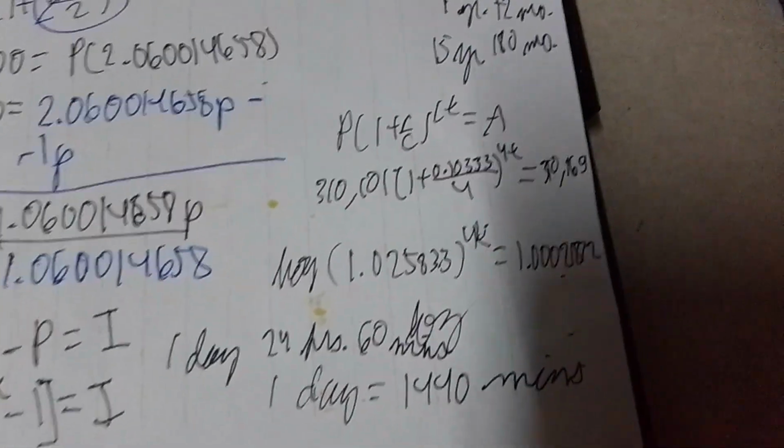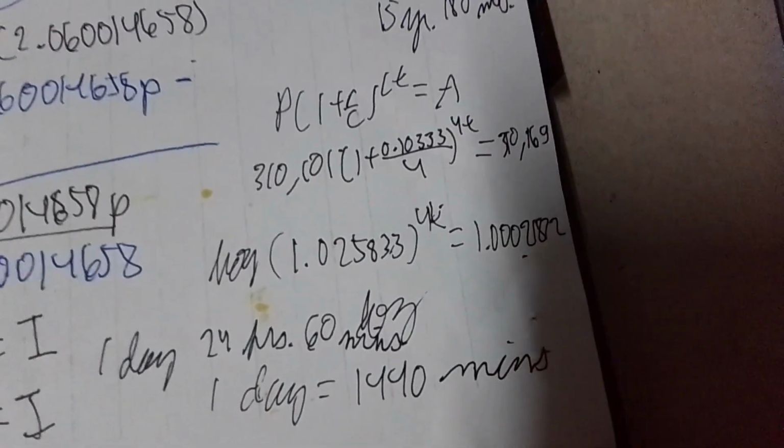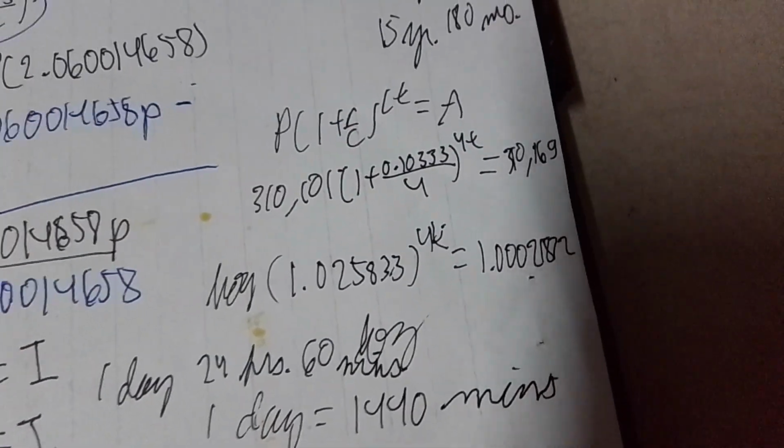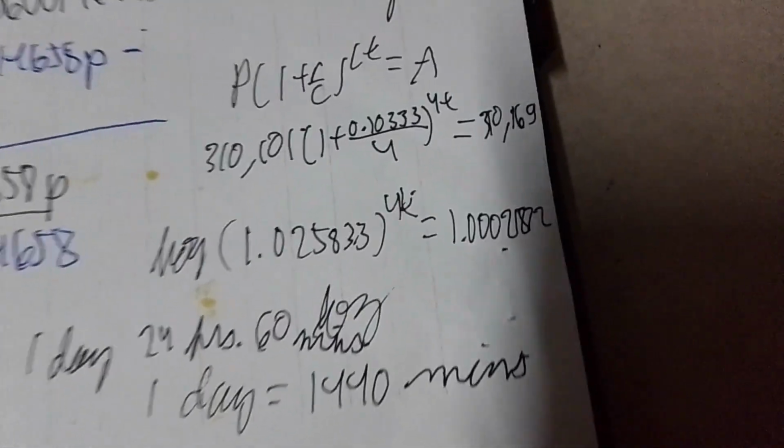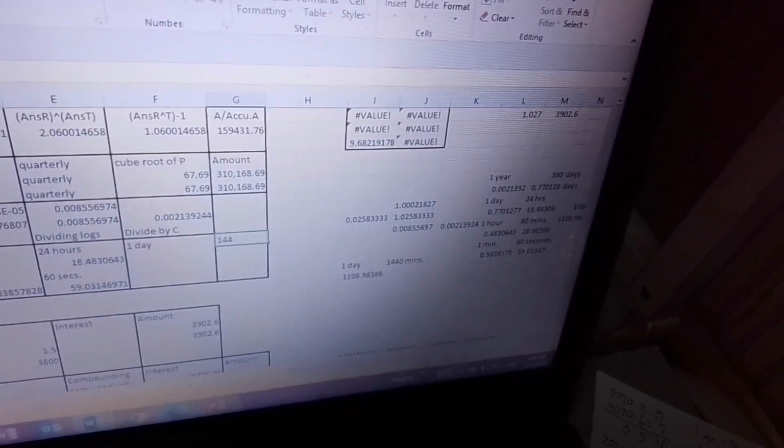Remember, 24 times 6 is 144. 6 times 4 is 24, 6 times 6 is 36, 36 times 4 gives you 144. Now, we have to convert that to 1,440 minutes. So, 1 day is worth 1,440 minutes.